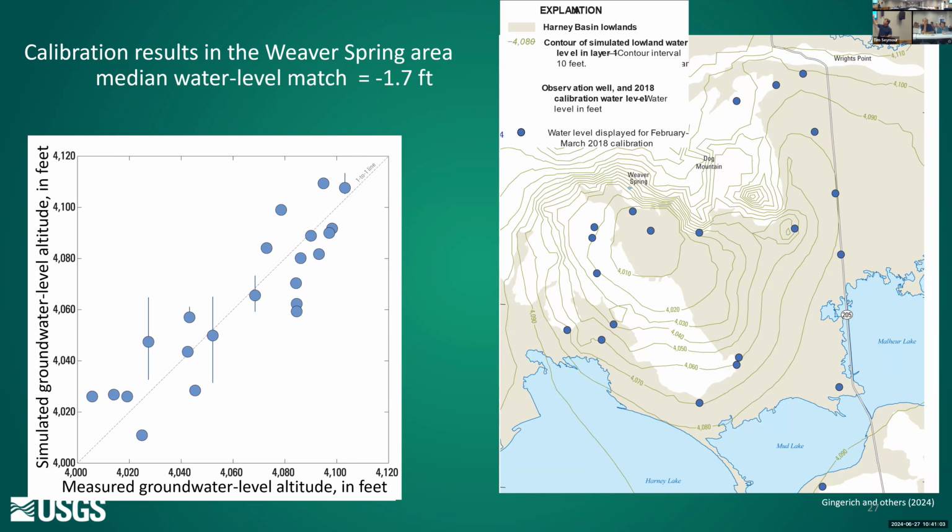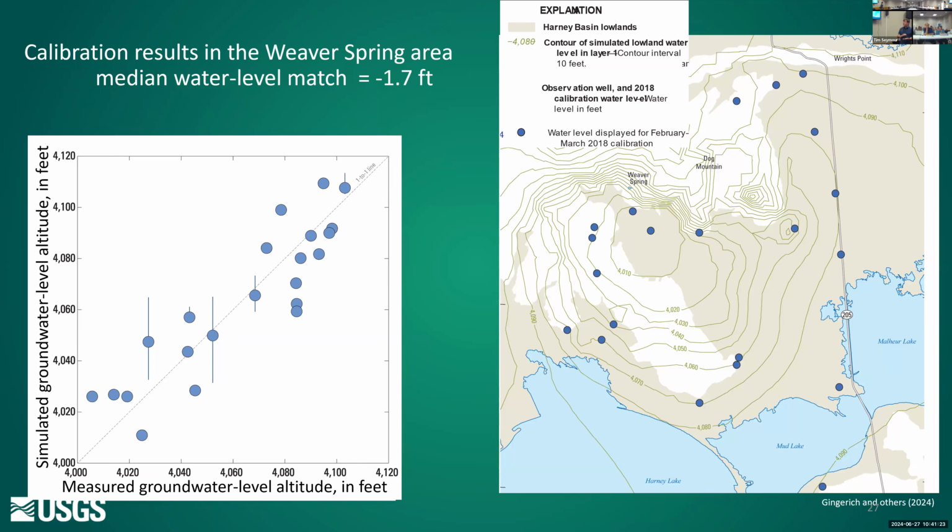And in 2018, we end up with this distribution, and these are the wells where we have water level measurements. And when you plot up, again, the model against the measured values, you get this plot here on the left. And again, all the dots, in a perfect world, they'd all line up on the line.